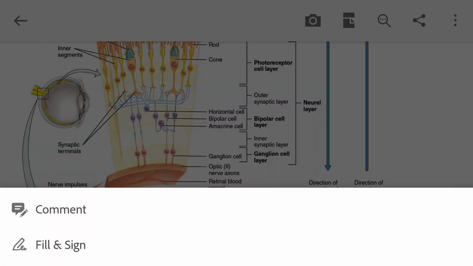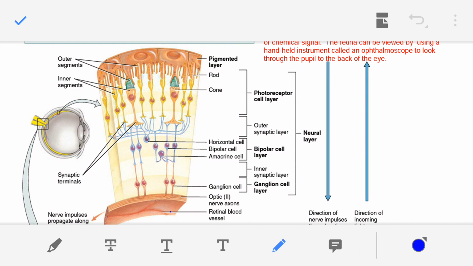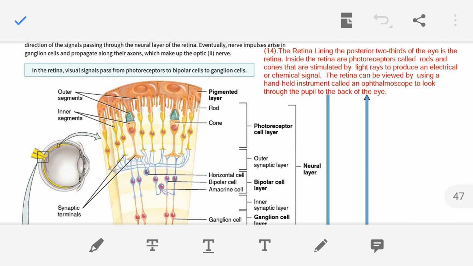So this is the direction of incoming light, and this is the direction of nerve impulse. Okay, now we are moving forward.